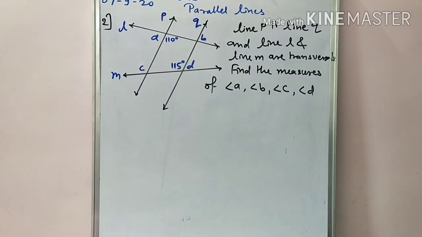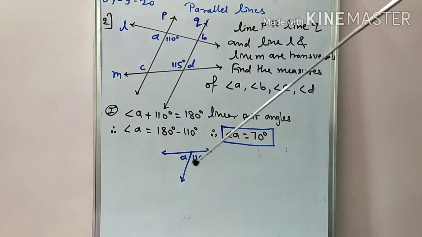So, students, to find the measure of angle A, notice that angle A relates to 110 degrees, because these two are linear pair angles.